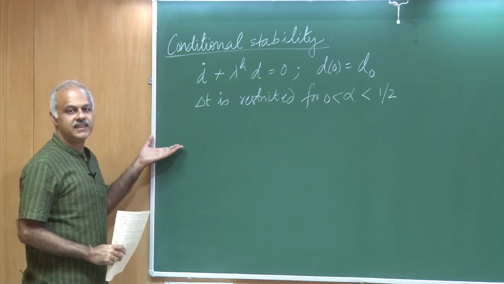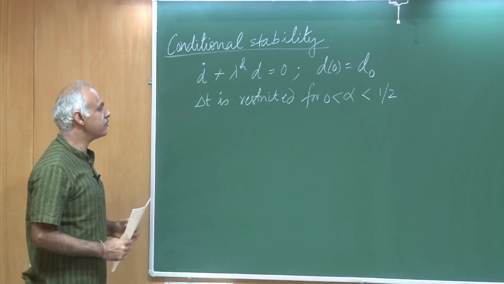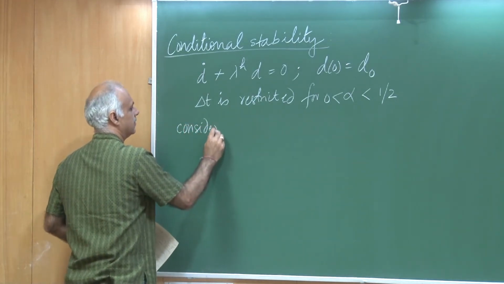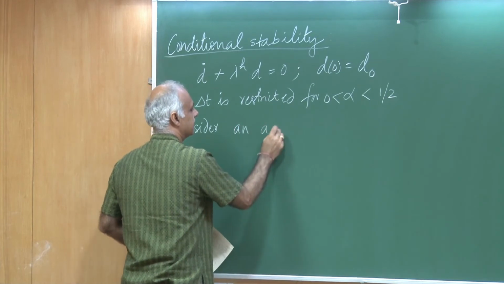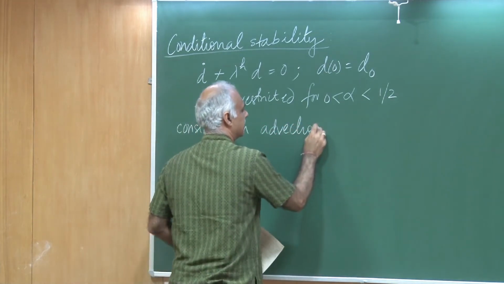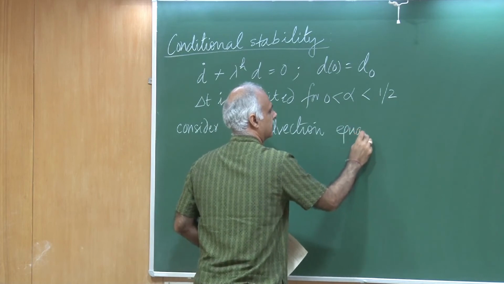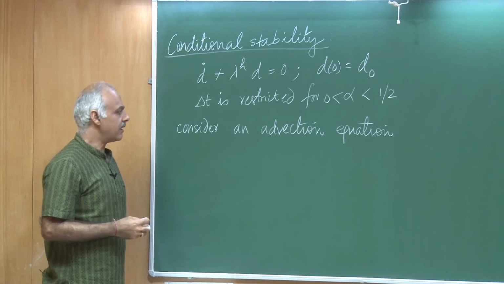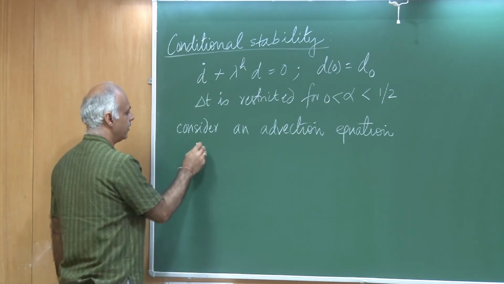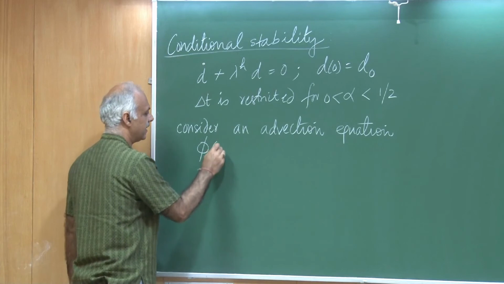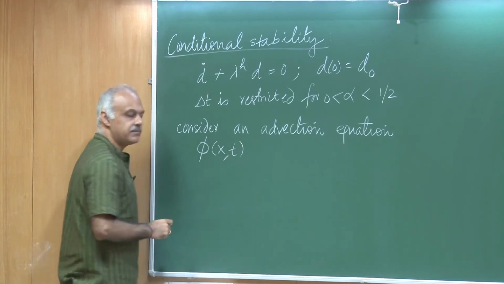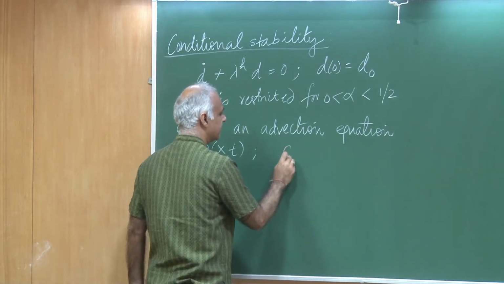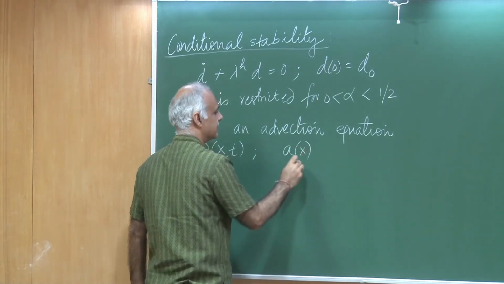How do we do this in a real situation? So, let me just give you an example. So, consider an advection equation. I am going to consider a simple one dimensional advection equation where phi is a quantity, it depends on x and time, and A is a velocity field which is given to us.